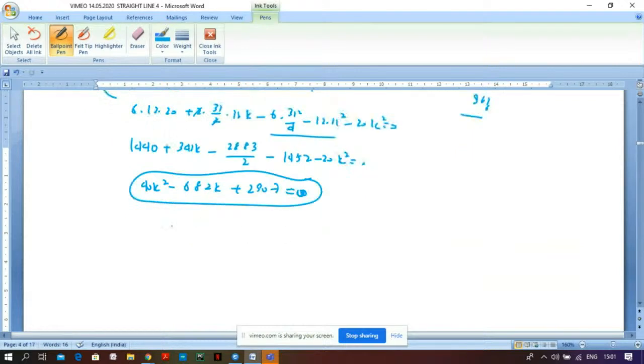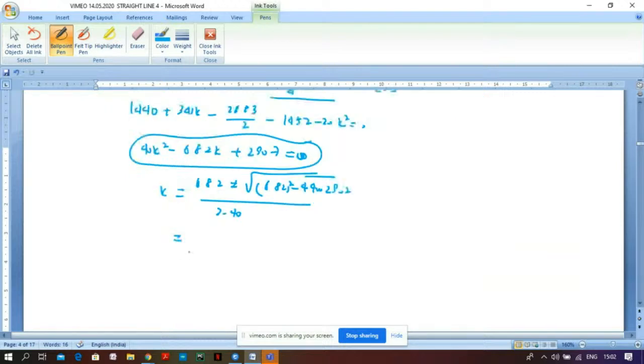And still, imagine after this also you have to get k equal to 682 plus minus the square root of 682 squared minus 4 into 40 into 29070, over 2 into 40. If you do the work, you will get 682 plus minus 62 squared.